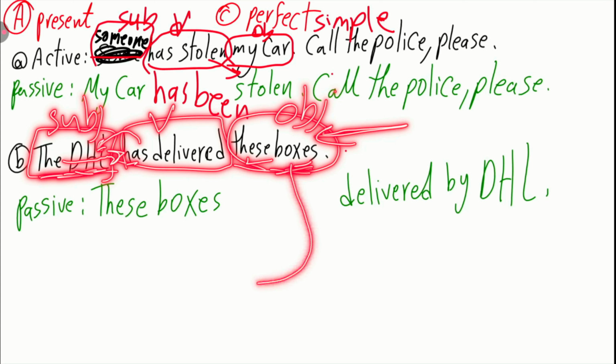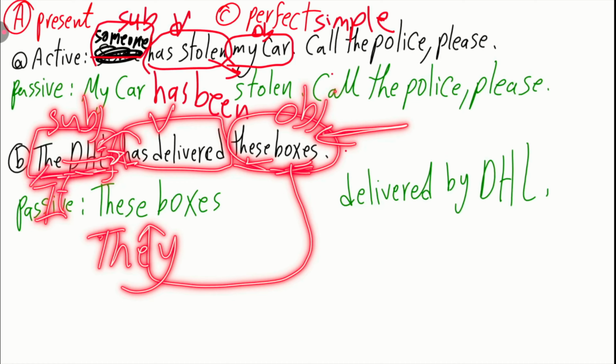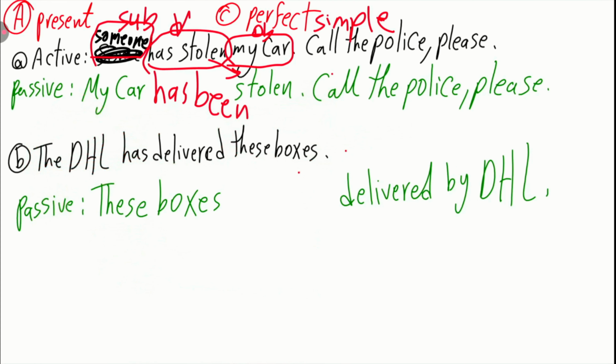In here, my friends, these boxes, the pronoun is they. When the sentence was a normal sentence, the subject was it. And here, the object is they, these boxes, delivered by DHL.